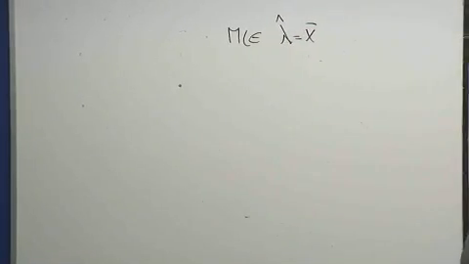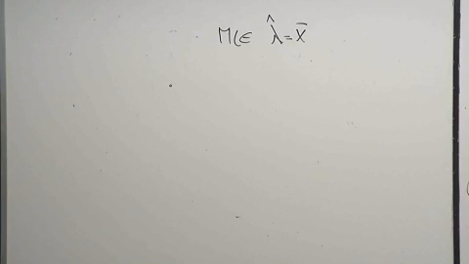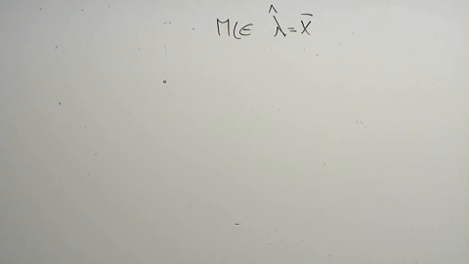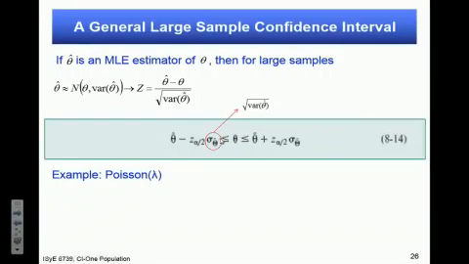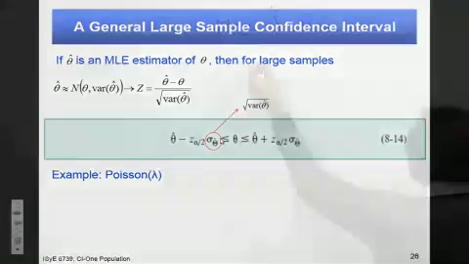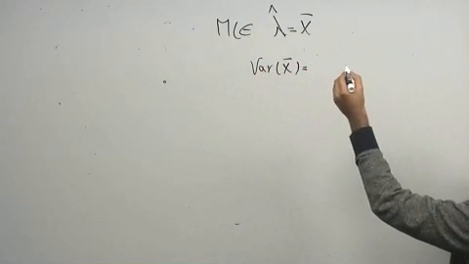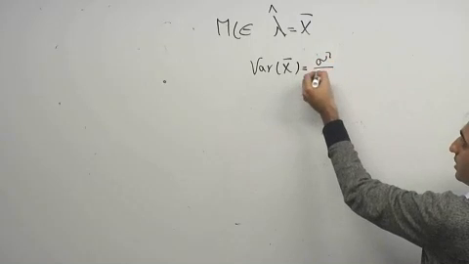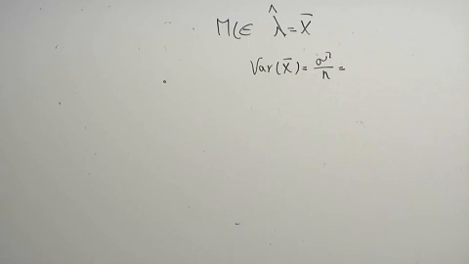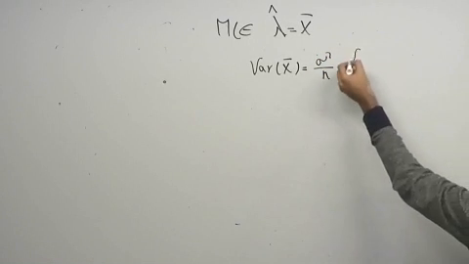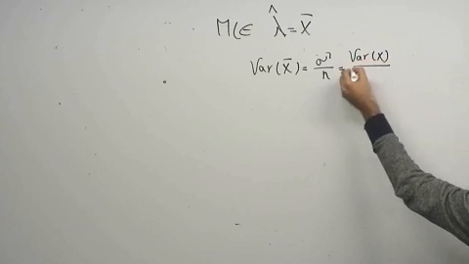Now, what else do I need to know? I need to know the variance or standard deviation of my estimator. So what is the variance of x bar? You remember? Sigma squared divided by n, which is variance of x divided by n.